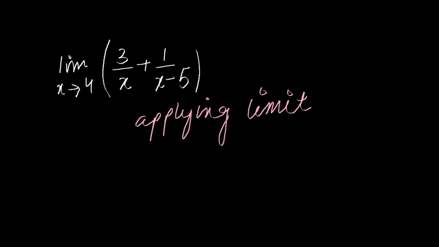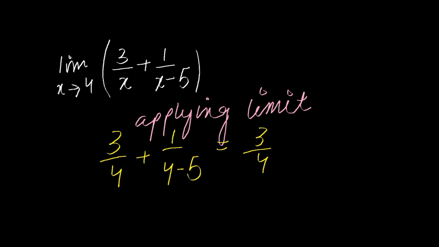So how can we apply limit? Wherever you see x, put x equals 4 over there. So it would be equal to 3 over 4 plus 1 over 4 minus 5, which is equal to 3 over 4 plus 1 over 4 minus 5, which is minus 1.